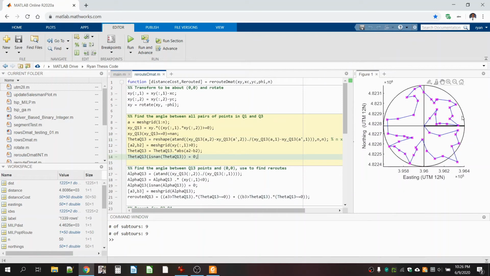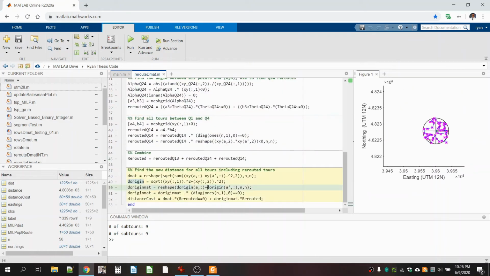Essentially, like I said, you're using a matrix of ones and zeros to find which ones are rerouted, and then at the very end you're multiplying the distance matrix with that ones and zeros matrix, so that you're left with the right distances for those that need to be rerouted and those that don't. I hope that helps with the code.